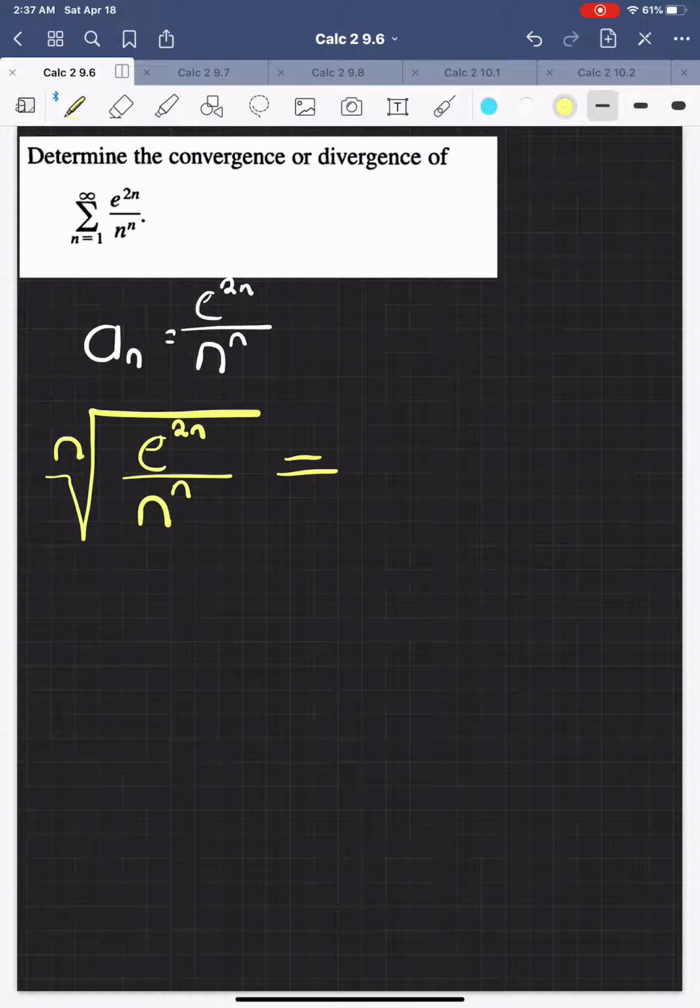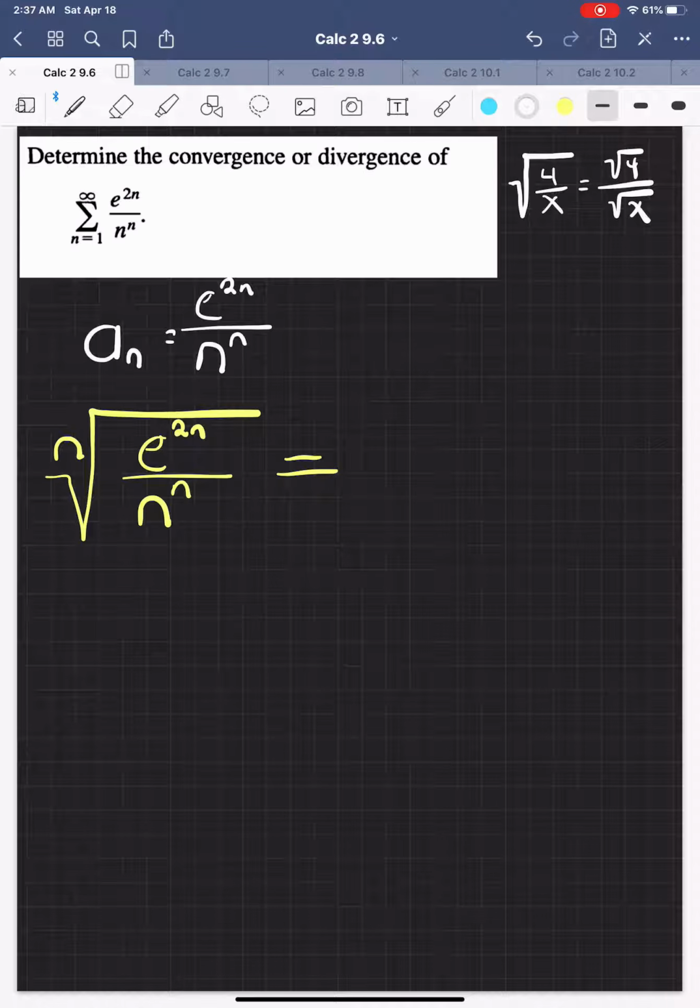Let me show you why I think you'll like this test. Let me write two facts as an aside really quickly. First, if you have, let's say, the square root of 4 over x, you can rewrite that as the square root of 4 over the square root of x. That's the first thing to keep in mind.